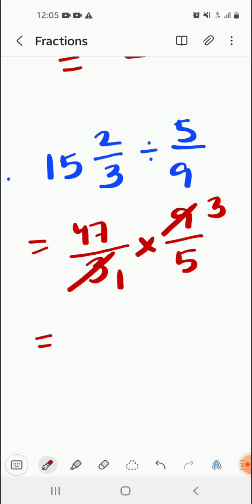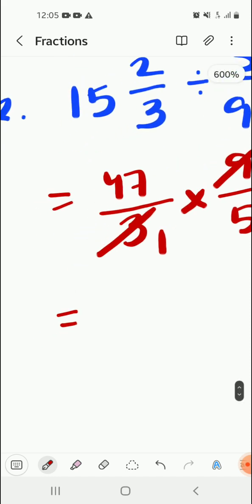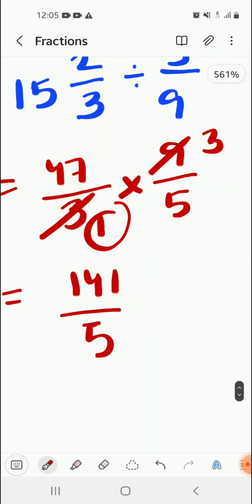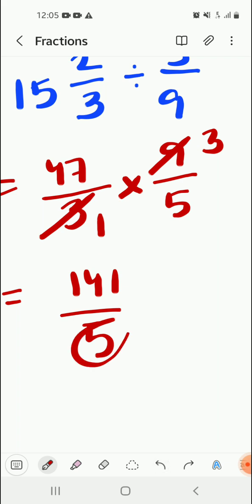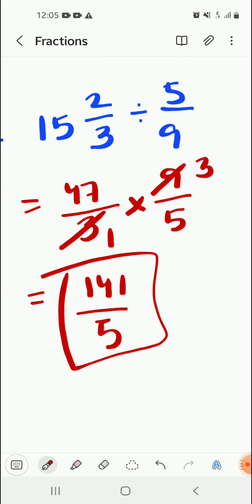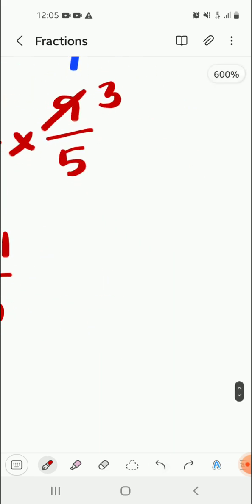Now we are going to multiply the numerators. The numerator we have got 47 into 3 is 141. 5 into 1, 1 into 5, that is 5 here. Again you see this is an improper fraction, so convert it into a mixed fraction.